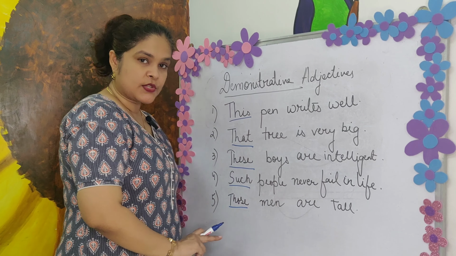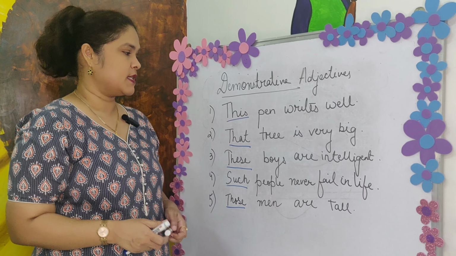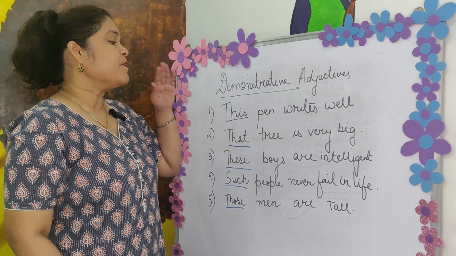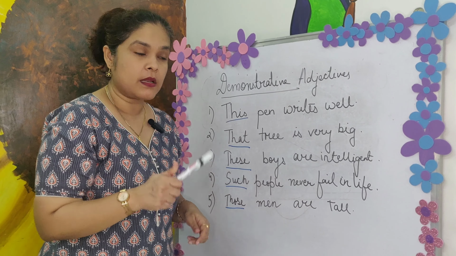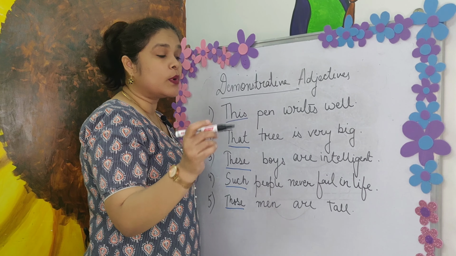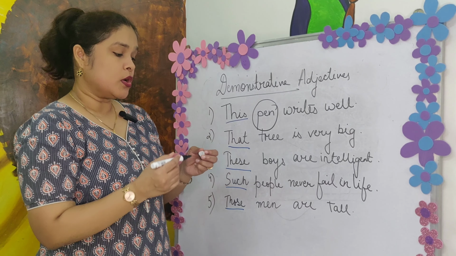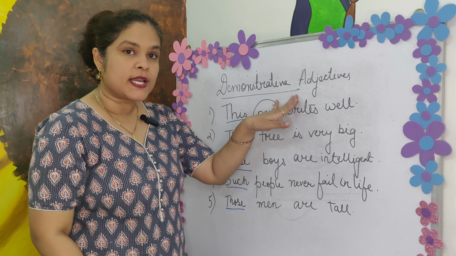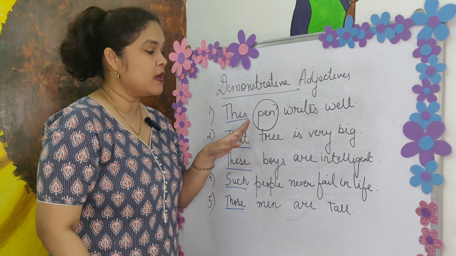I told you these 5 words and I've taken 5 examples based on them. Now see, when I say this pen writes well, it is pointing out towards a noun, which is the pen, right? So the position of a demonstrative adjective is just before the noun.